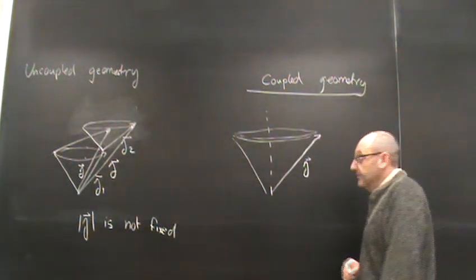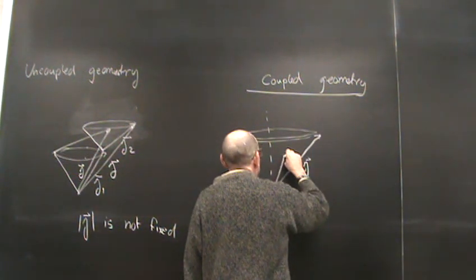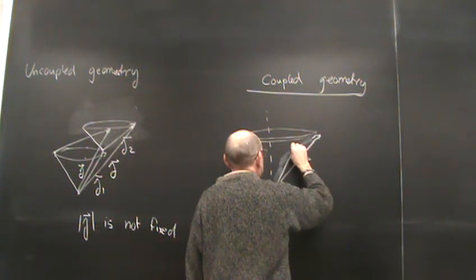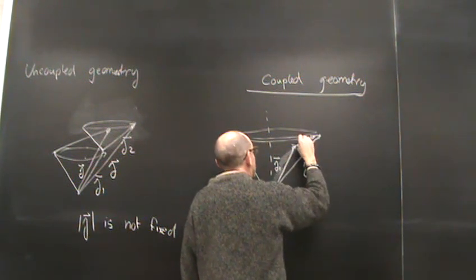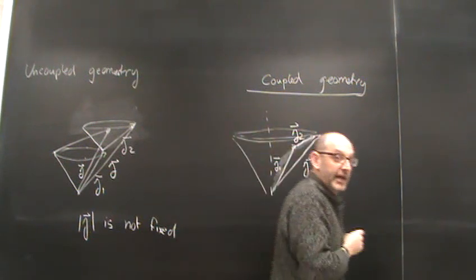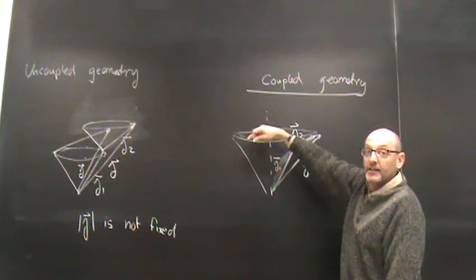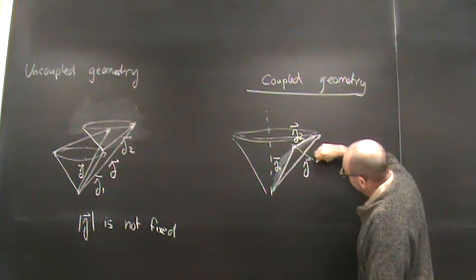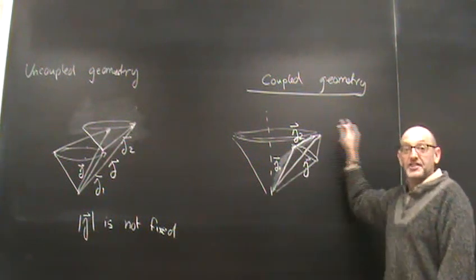So it must be the case that the individual guys, J1 and J2, add up to J, but their projection onto the z-axis is not fixed. What is instead fixed is their projection onto J.